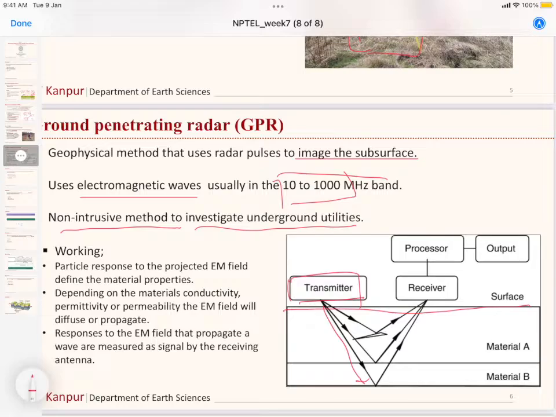So it sends the energy or the electromagnetic wave into the subsurface, and on the basis of different properties that the subsurface has, we get the reflection.